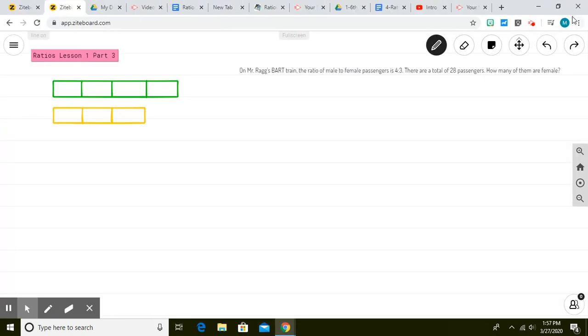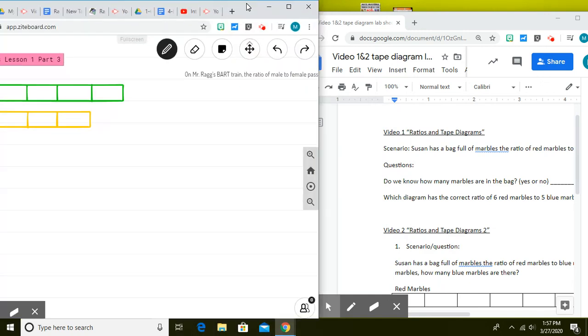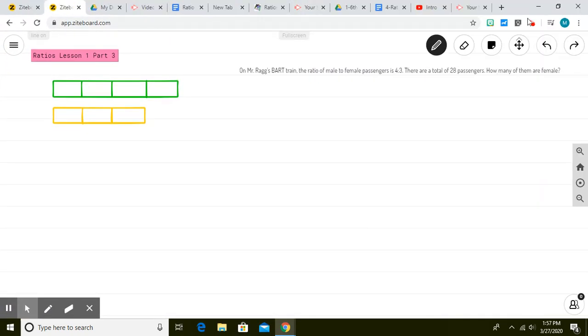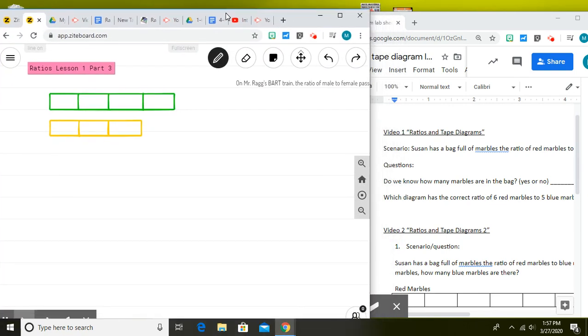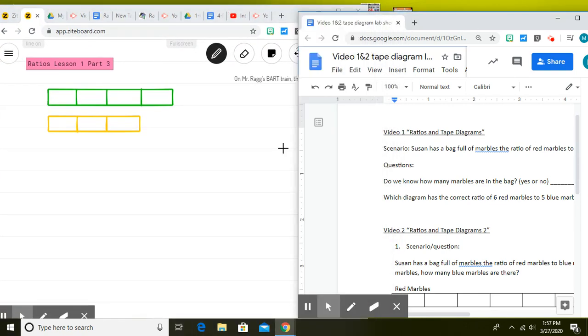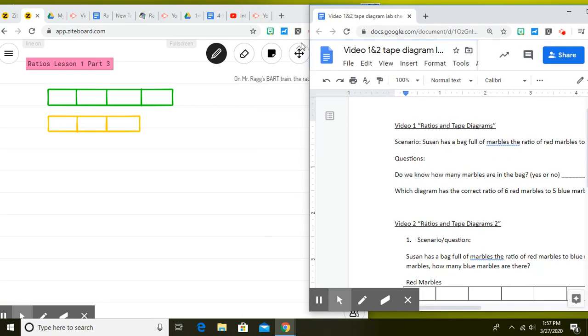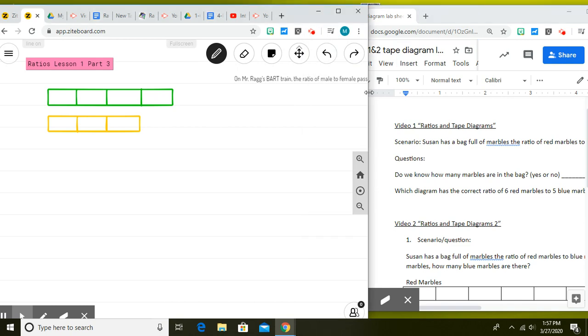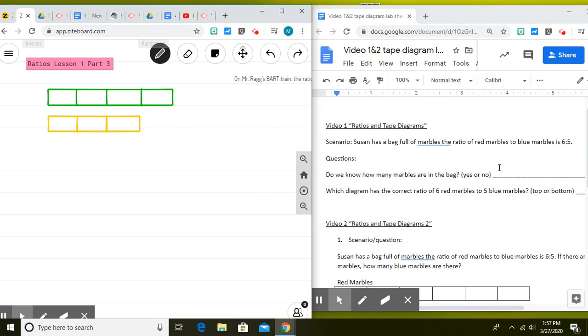Okay, so I'm gonna make this one smaller as well, so that way I can look at the worksheet and the video at the same time. And I just want to make this still a little bit smaller.